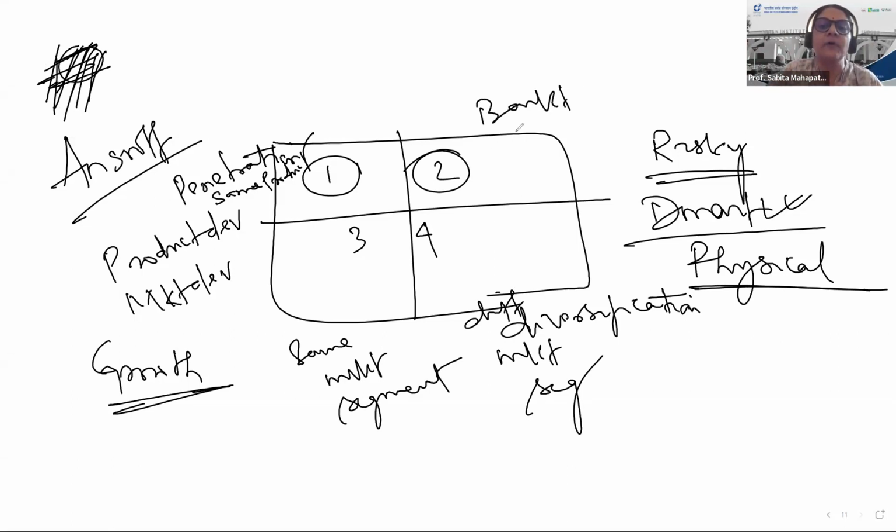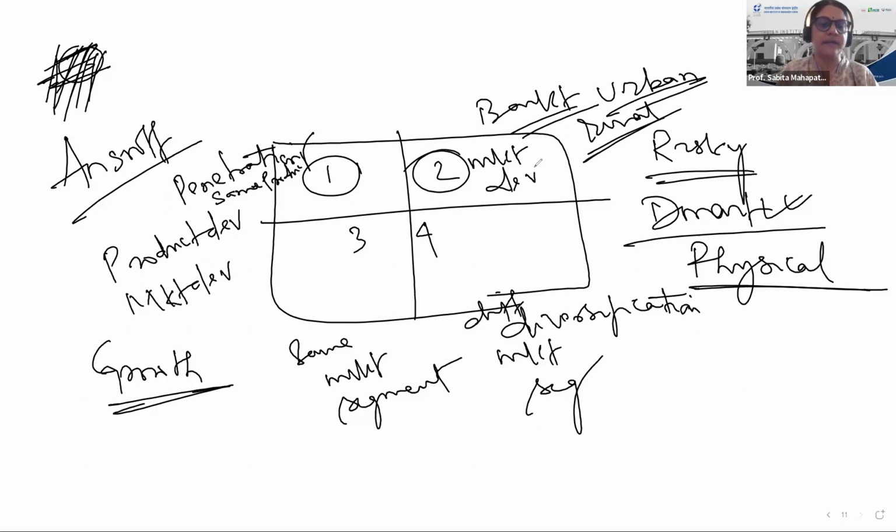The target was the urban. Now they would like to go for having ATMs for the rural. So the ATM remains the same, they are now targeting a different segment. This is called market development. So you need to see which market, which segment my existing product will fit.